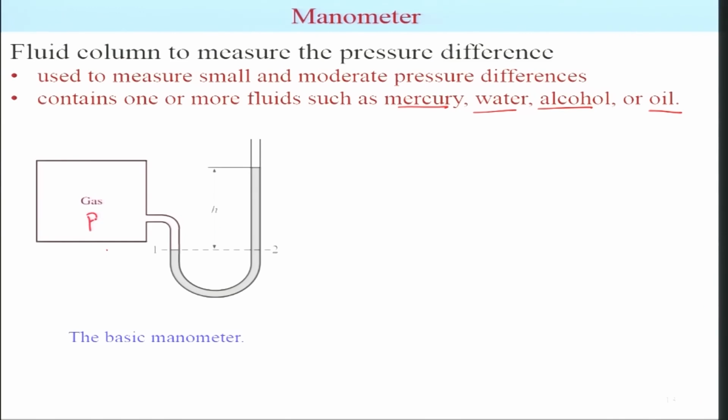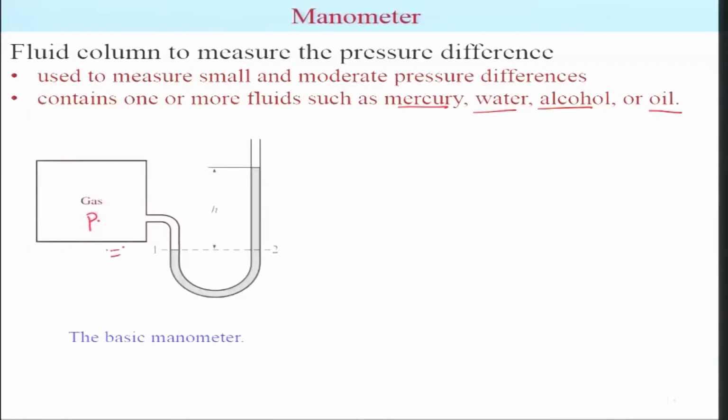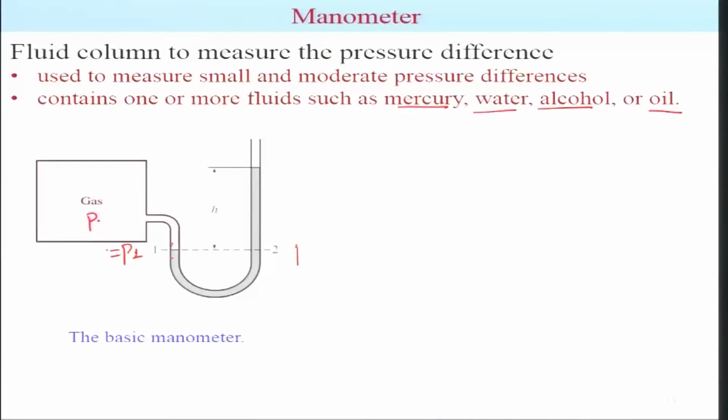Now, since it's a gas and you know that the gas density is quite low, you can assume that the pressure here is the same as the pressure here at P1. Okay. Now, because of the mechanical equilibrium, the pressure in the gas should be the same as in mercury or whatever fluid we are using, right? And now because of the fact that the horizontal plane should have the same pressure, it should be the same as P2.